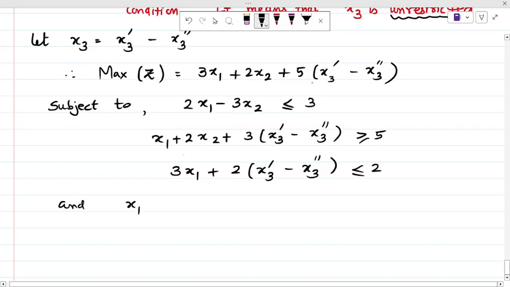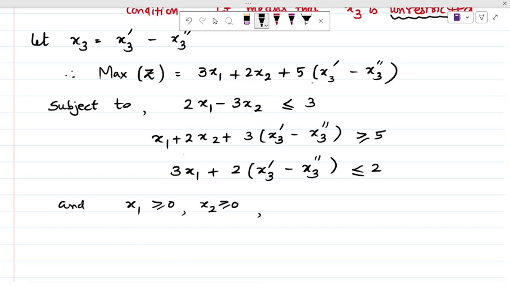So x1 is greater than equal to 0, x2 is greater equal 0, fine. But what about x3? Now there is no longer x3 in the picture, so x3 dash and x3 double dash, they both are also greater equal to 0. This is how we have.